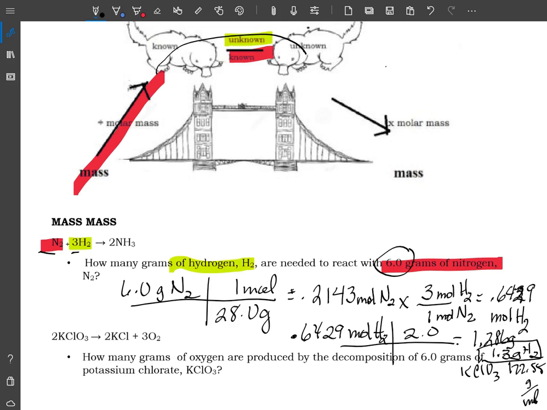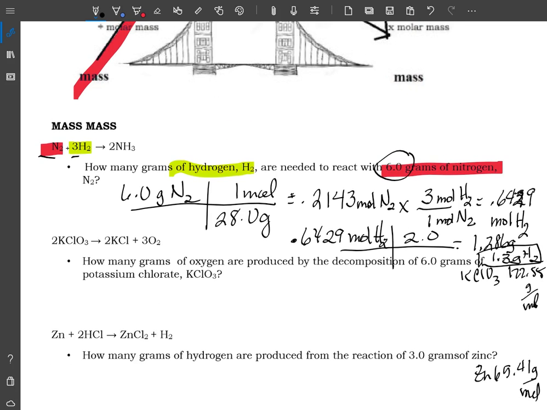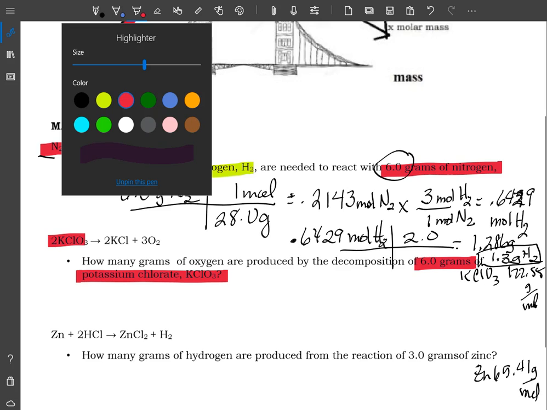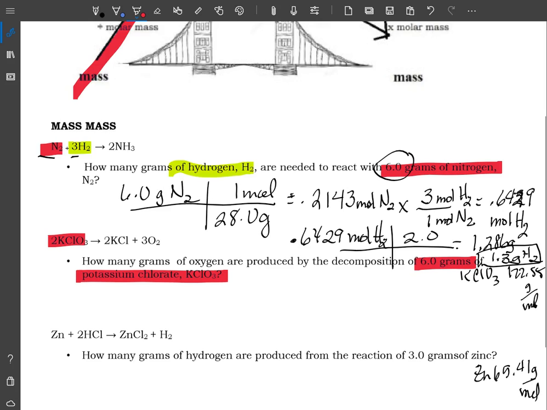All right, the next one. My known is 6 grams of potassium chlorate, and I'm solving for grams of oxygen. Oops, that didn't change color.